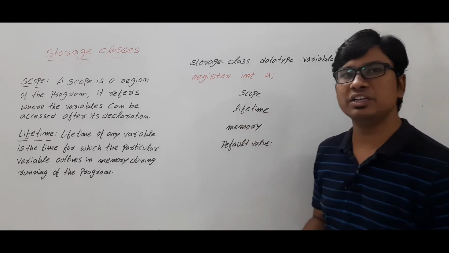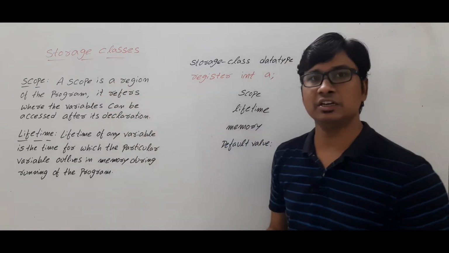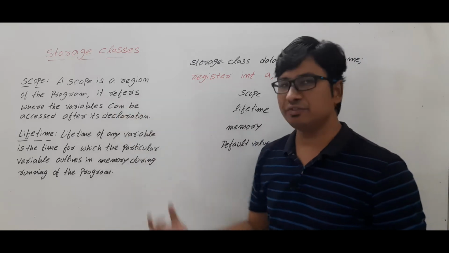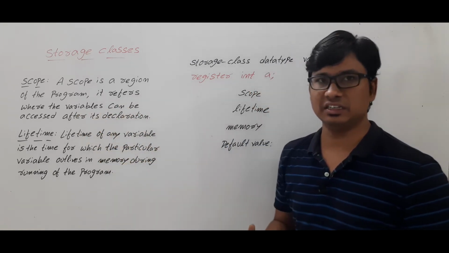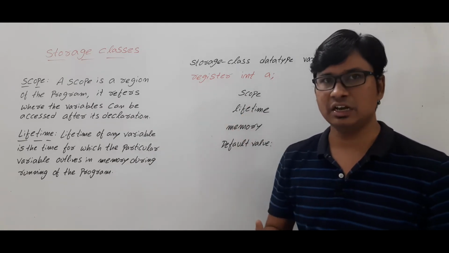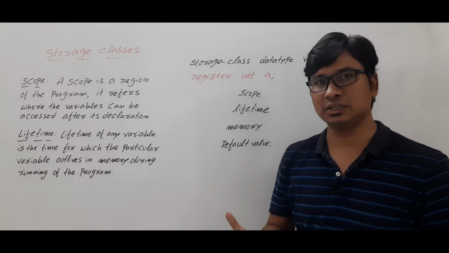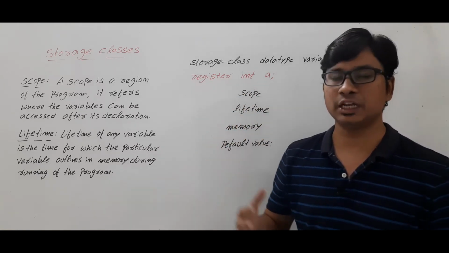What is the definition of a scope? A scope is a region of the program. It refers to where the variables can be accessed after their declaration. Suppose you have declared a variable inside the function. Now, where can you access it? Can you access it in the function or in the entire program?